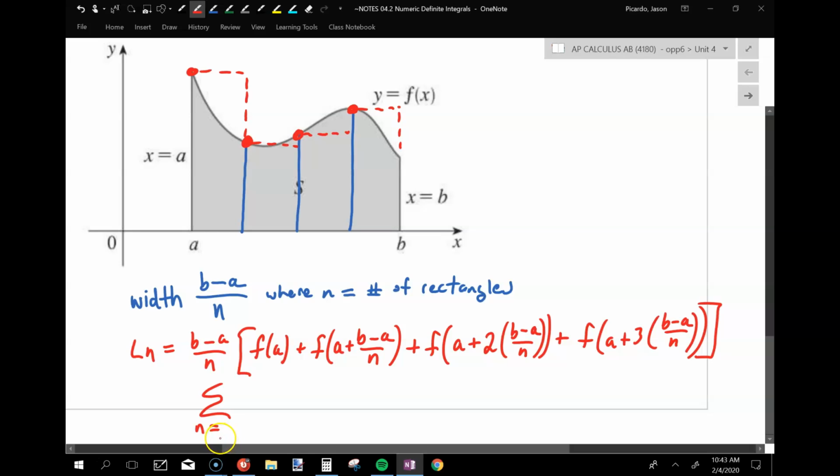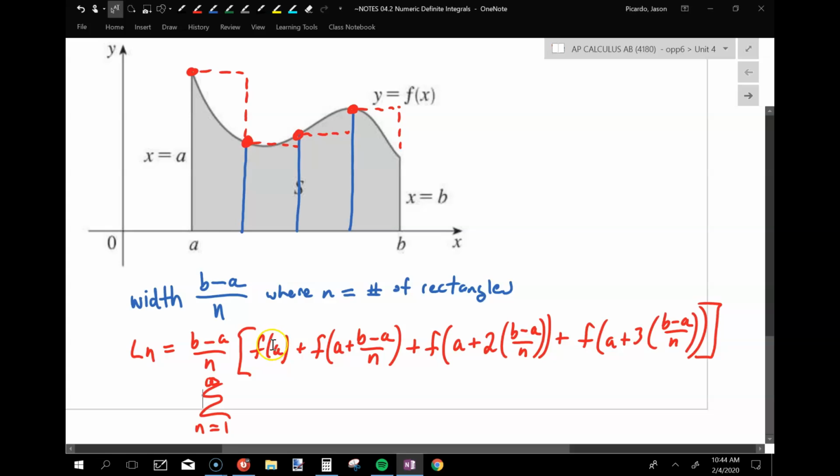I have to have at least one rectangle, right? So I have to start at 1, right? And how many rectangles am I going to actually have if I want to do this perfectly, absolutely best ever? An infinite number of them, right? So what really is before each of these guys? It's n minus 1, right?